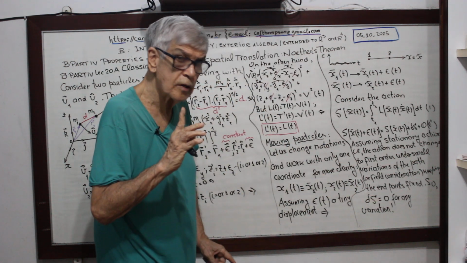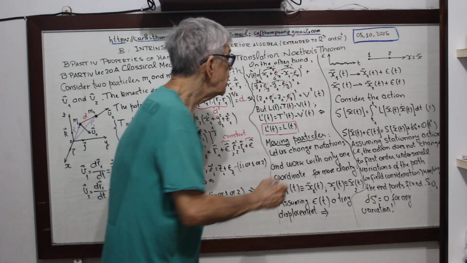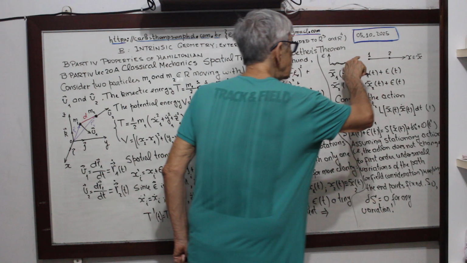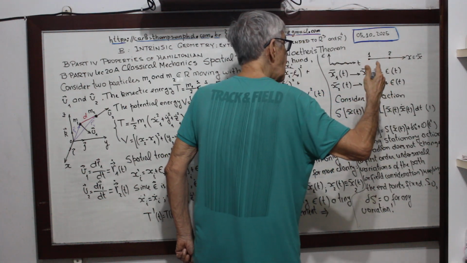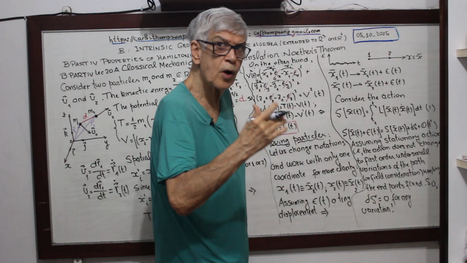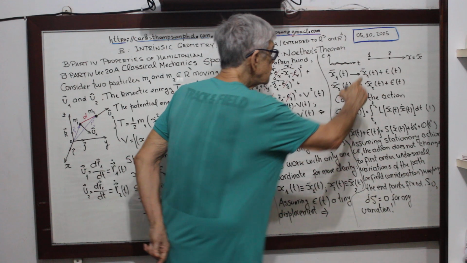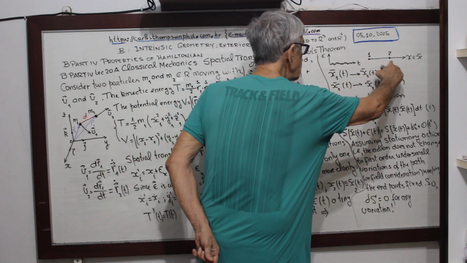Assuming, and this is important, a tiny displacement in the direction that I'm choosing to develop. I'll not develop for x, y, and z, just for x. This is particle 1 and particle 2.